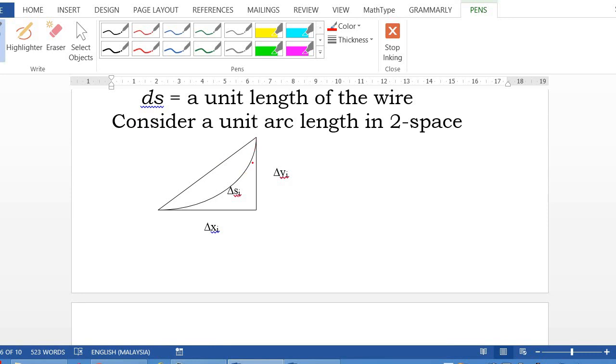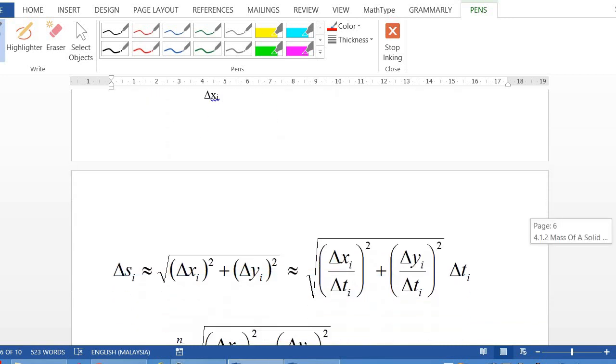Then we can approximate the arc length delta si by using the Pythagoras theorem, where the horizontal length is delta xi and delta yi is the vertical length. We approximate delta si as the square root of delta xi squared plus delta yi squared.